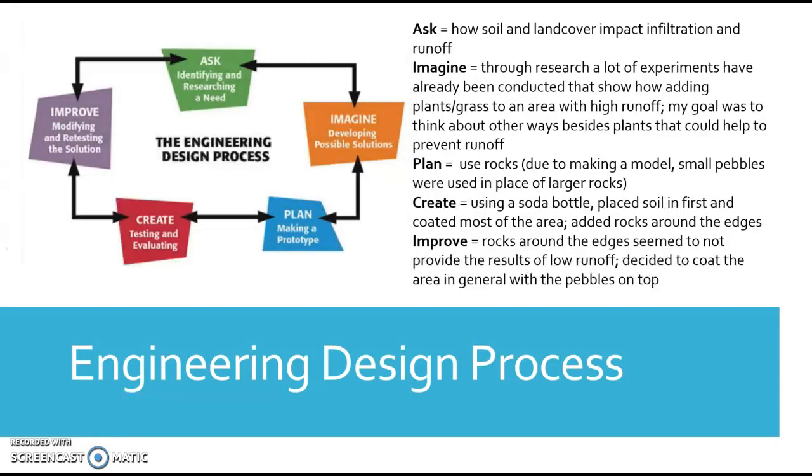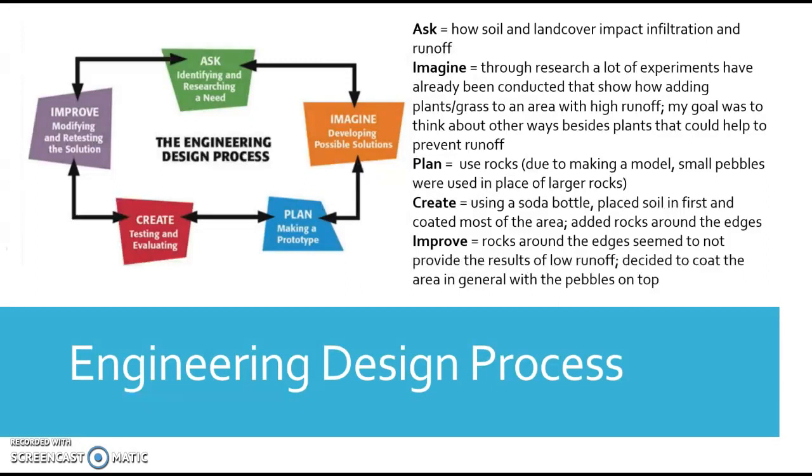So overall, my goal was to think about other ways besides plants that could help to prevent runoff, just because I know for me, I'm probably not the greatest gardener. So yes, I can plant grass, but anything else might be a little bit more difficult for me.